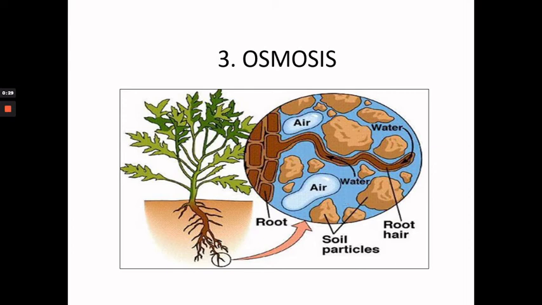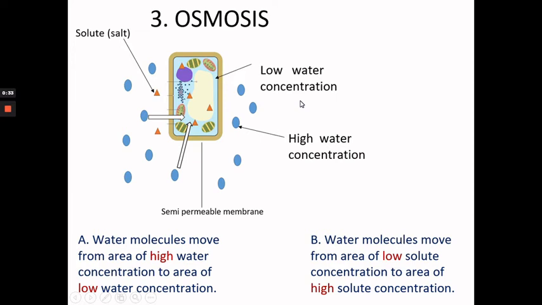Now, if we zoom into the cells and take a look, we're going to see something like this. This is the cell of the root. And around the cell, inside the soil, we have a lot of water molecules. We have a high water concentration compared to within the cell. There is also some solute, like salt or other minerals.